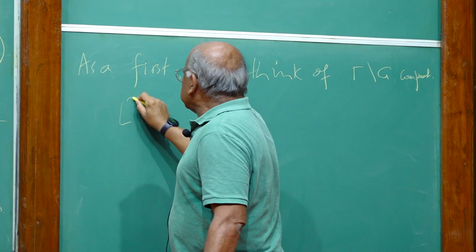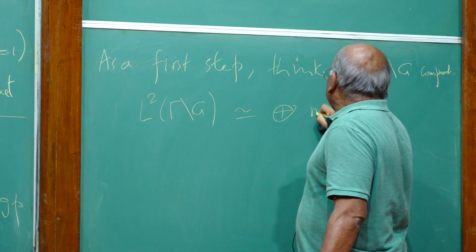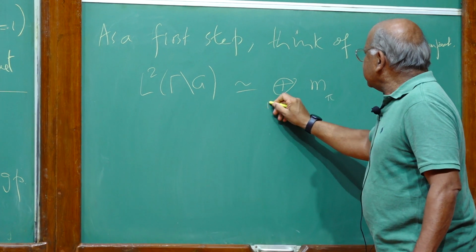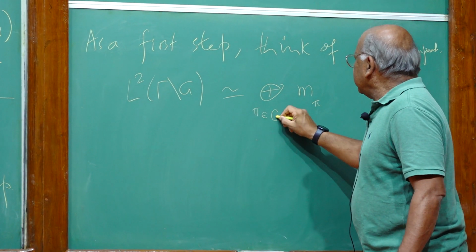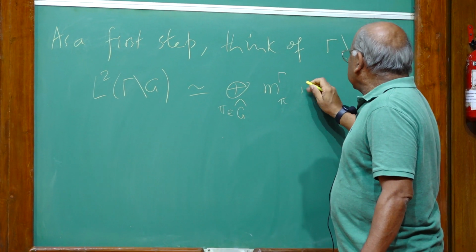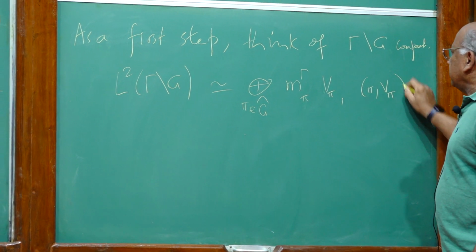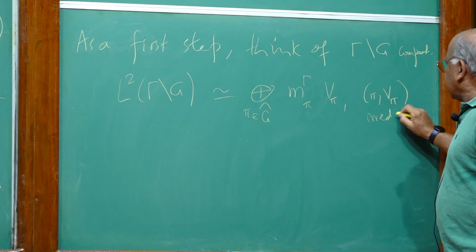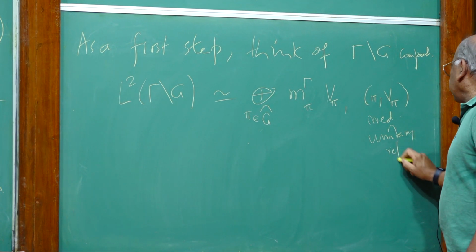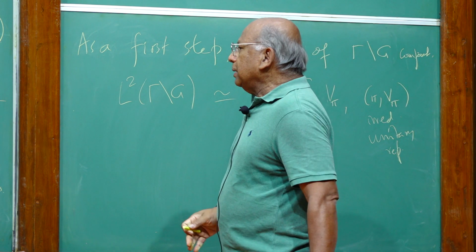Then of course L2 of G mod gamma decomposes into representations in G hat, with multiplicities M pi gamma times V pi, where the V pi are irreducible unitary representations. These are finite multiplicities. So things are very nice, and you can do a lot of things.